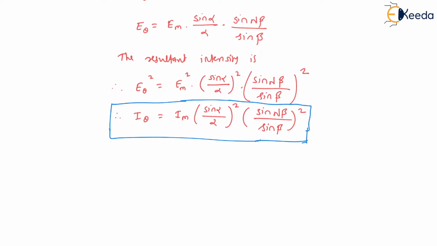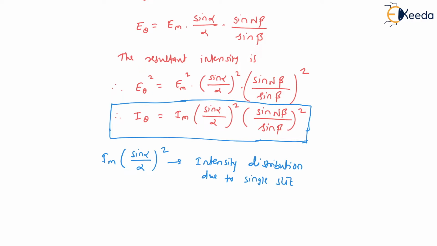The first component, Im into sine alpha by alpha bracket square, gives the intensity distribution in the diffraction pattern. Always remember, if alpha is there, that means this is due to a single slit.